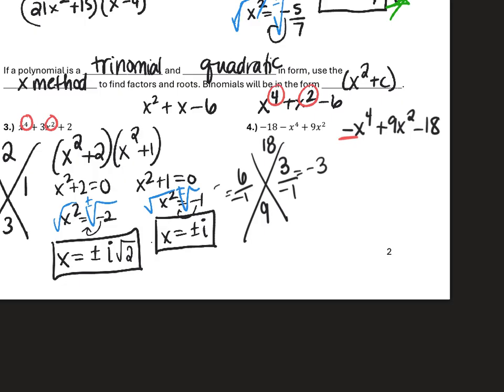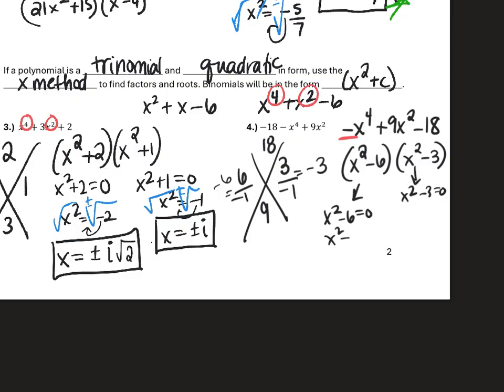So -3, -6. So our two factors, don't forget it was to the fourth, so it'll be x squared minus 6, x squared minus 3. And then set each equal to 0 and solve.